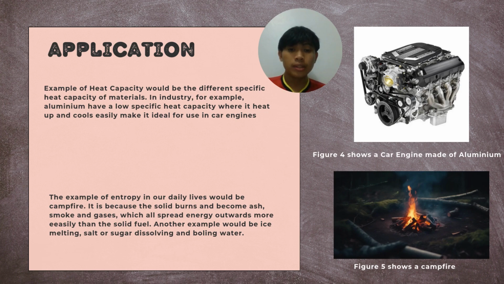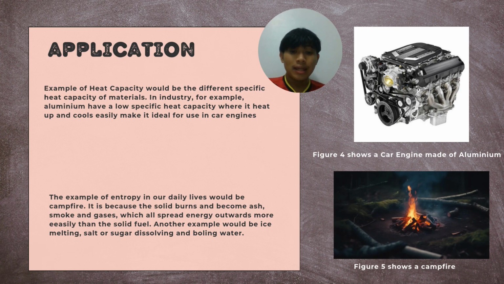Next, we're going to go to the applications of heat capacity and also entropy. First of all, an example of heat capacity would be the different specific heat capacity of materials. In industry, for example, aluminium has a low specific heat capacity, so it heats up and cools easily, making it ideal for use in car engines. The car engines shown in figure 4 are made of aluminium.